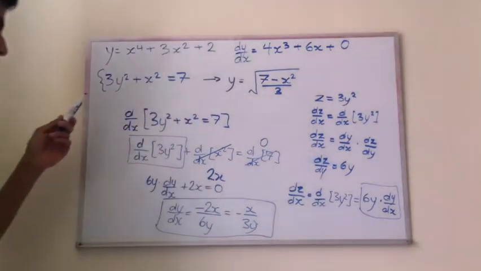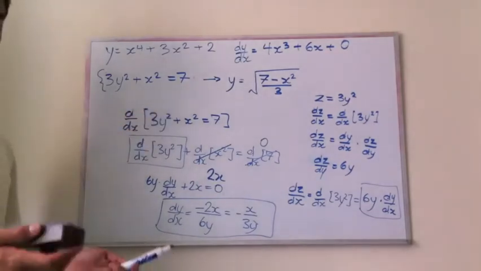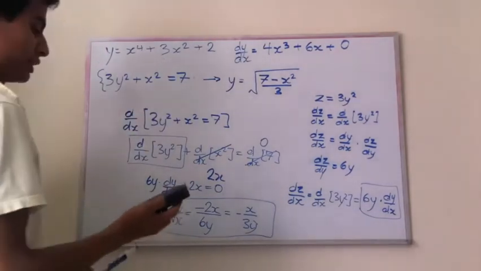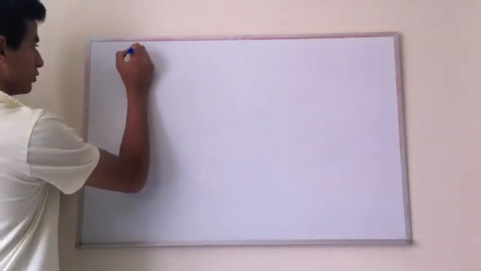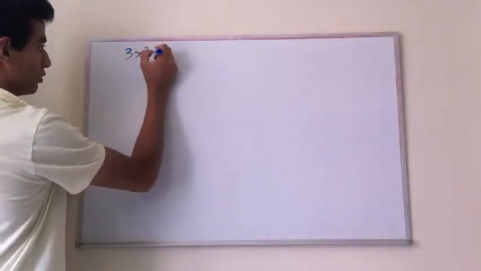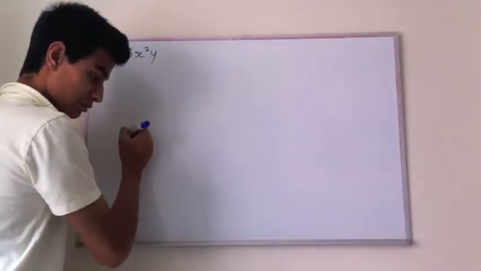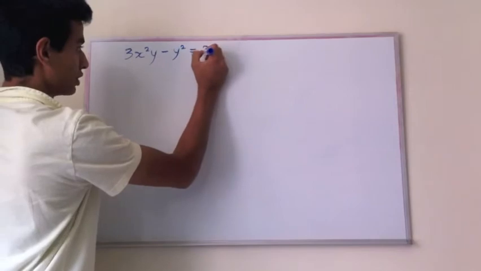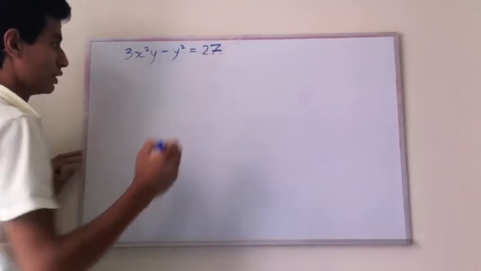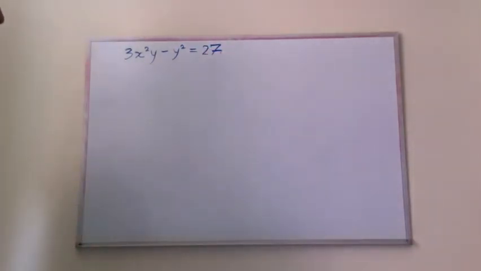I'm going to go back to the equation I had here and try and differentiate that using implicit differentiation. Alright, I believe the formula I had was 3x squared y minus y squared is equal to 27. So how do we differentiate this?